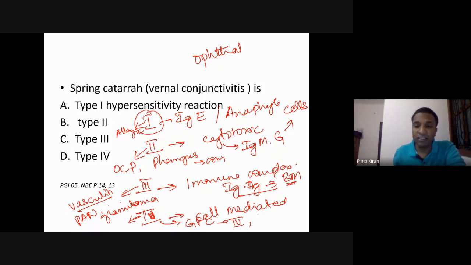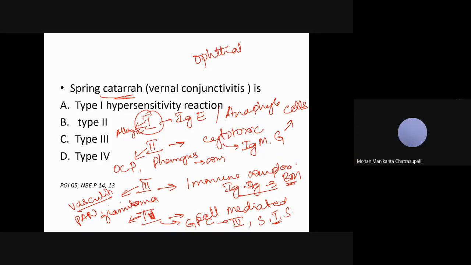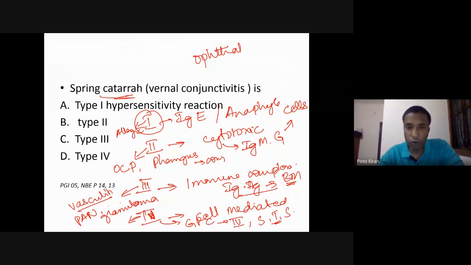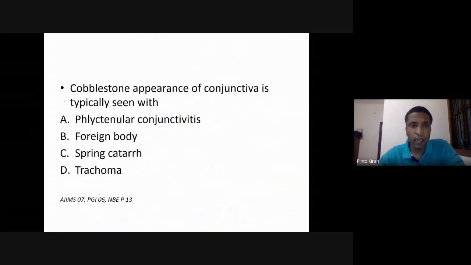Other forms, whether it is syphilis, tuberculosis, sarcoidosis, all are cell-mediated hypersensitivity reactions. Here, spring catarrh is type 1. Okay, hope you understood everything a little bit. And cobblestone appearance of the conjunctiva is typically seen with phlyctenular conjunctivitis, foreign body, spring catarrh, and trachoma.